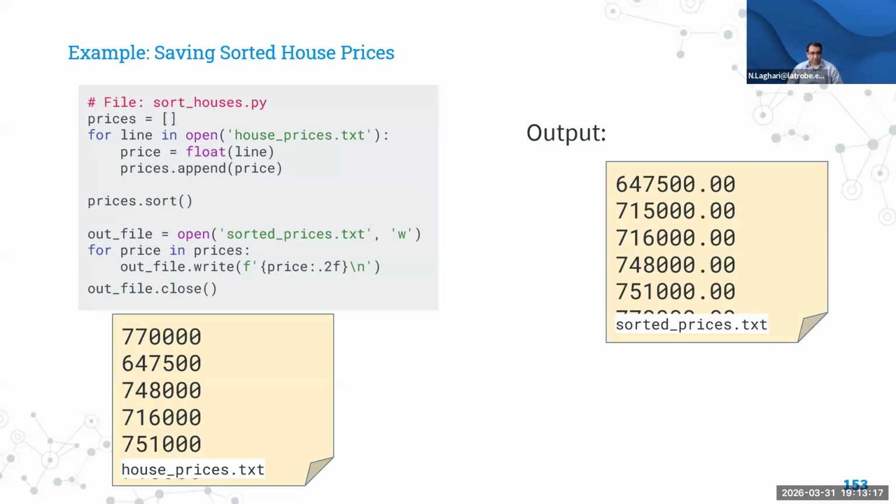Yes. In for line in open, it is not necessary to close the file, because it will be closed once the loop is finished. It won't be opened 10 times; it would only open once, but line would assume 10 different values.